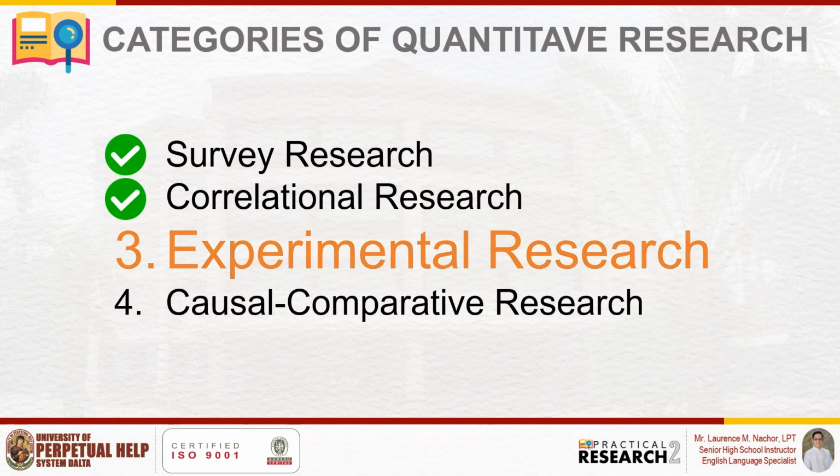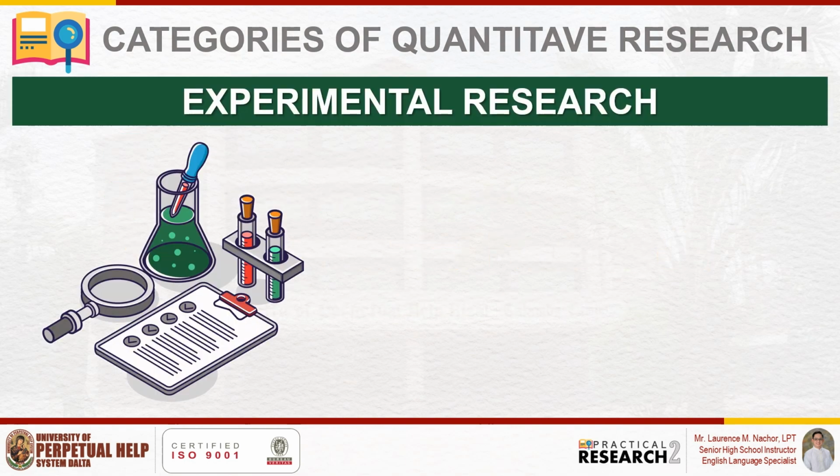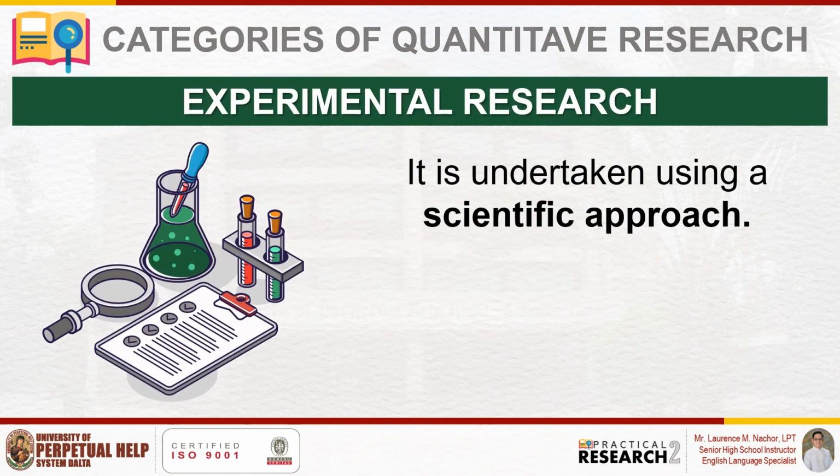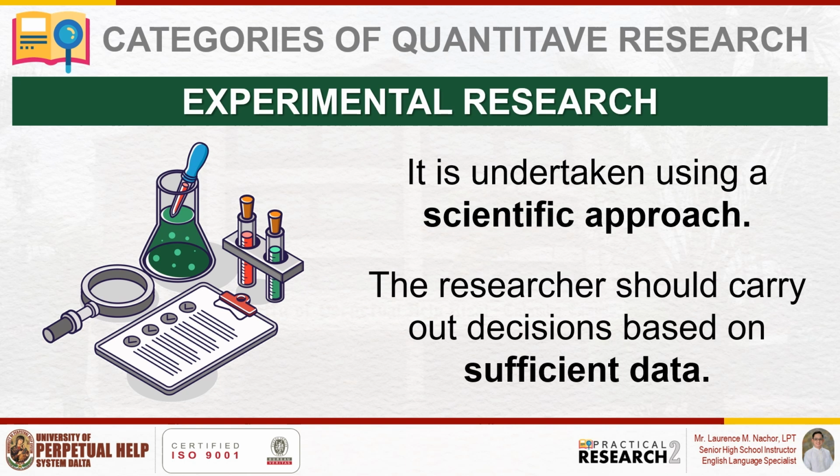Okay, so we're done with survey and correlational. Let's come now to experimental. Experimental research involves a scientific approach, where a set of variables is kept constant, whereas the other set of variables is measured as the subject of the experiment.